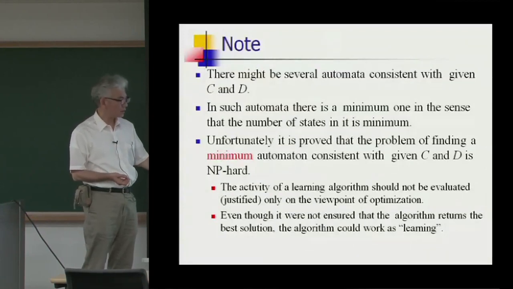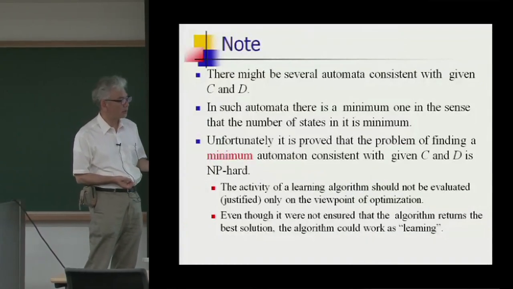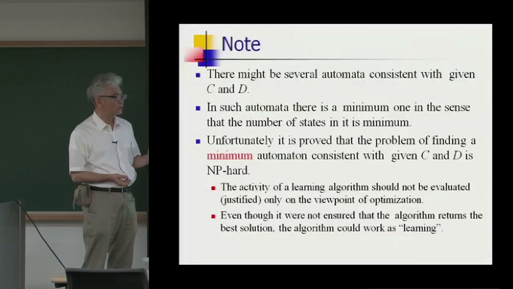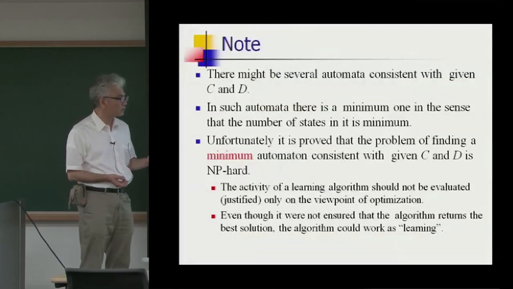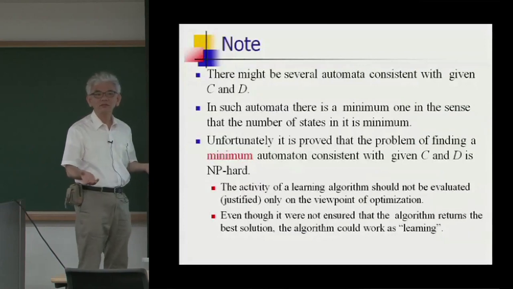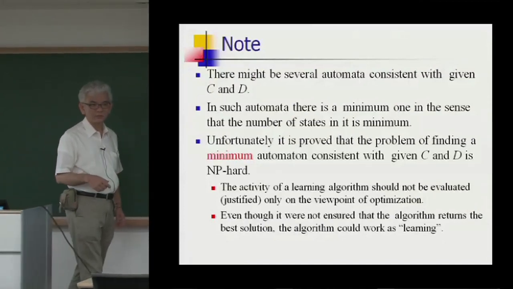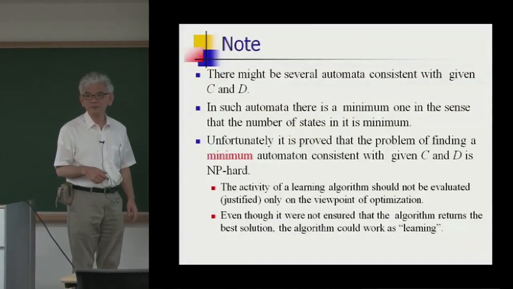So, I have to stress that the activity of a learning algorithm should not be evaluated only from the viewpoint of optimization. Because learning has a very wide concept, and another measurement to evaluate the algorithm should be introduced. Okay?